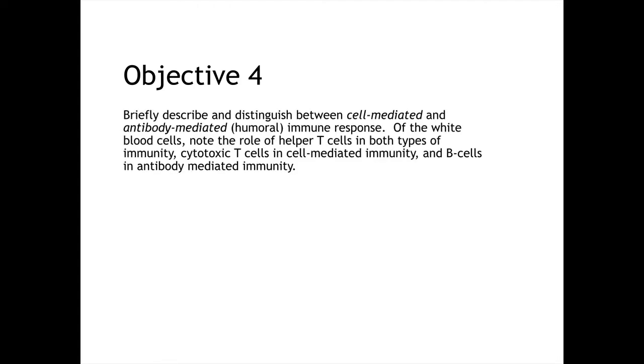All right, so we're going to dive a little deeper here in the same topic and distinguish between cell-mediated and antibody-mediated or humoral immunity. We're going to look at the white blood cells that are playing a role in each of these. We're going to talk about the role of the helper T cell, the cytotoxic T cells, or the CD4 cells, and B cells and all that kind of jazz.